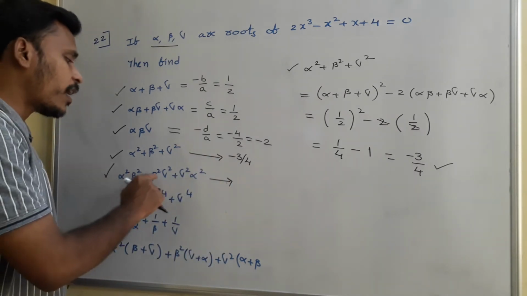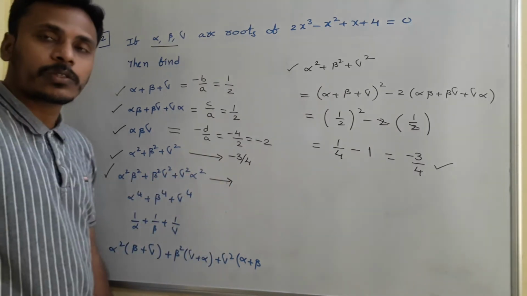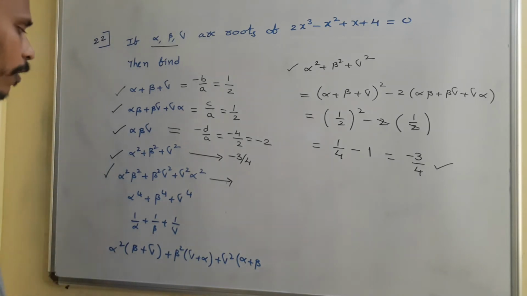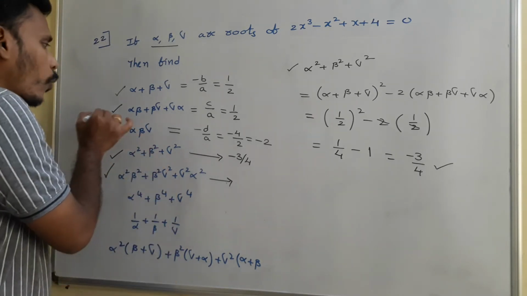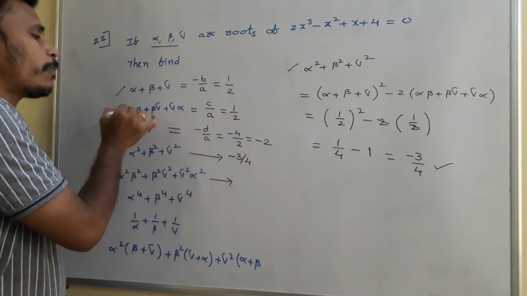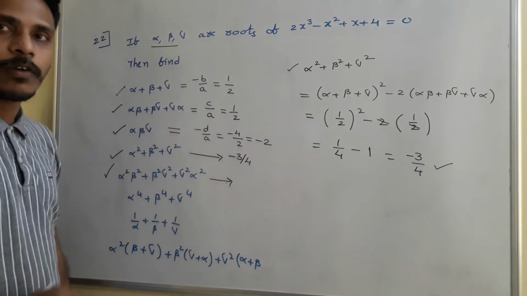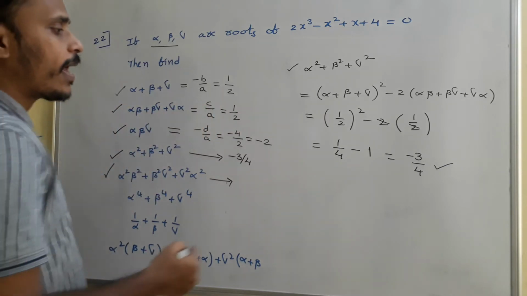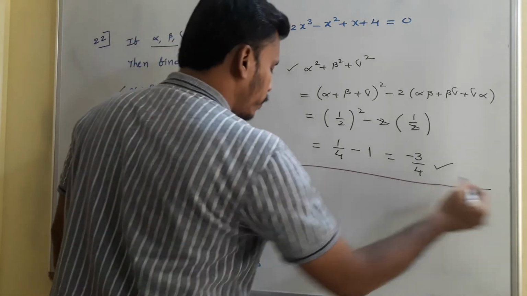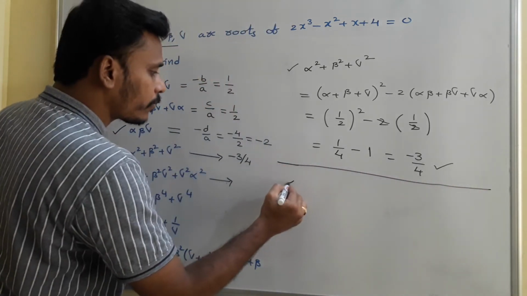To find alpha square beta square plus beta square gamma square plus gamma square alpha square, you just do the squaring of alpha beta plus beta gamma plus gamma alpha. Okay? So how does it happen? Just have a look, I will give you the idea.